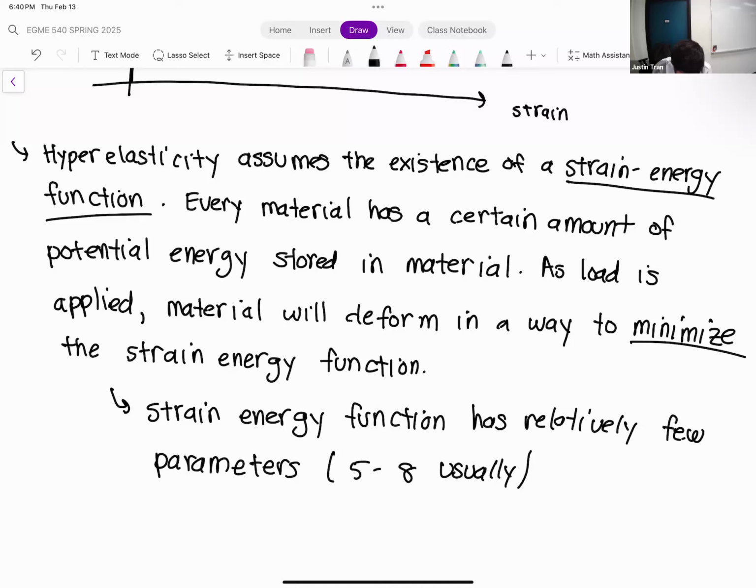That's very attractive as well. So the number of parameters that you have to specify is small. Okay. And there are some hyperelastic models that have been shown or verified to be very close to actual behavior for a lot of materials over a much larger regime than just the linear models.